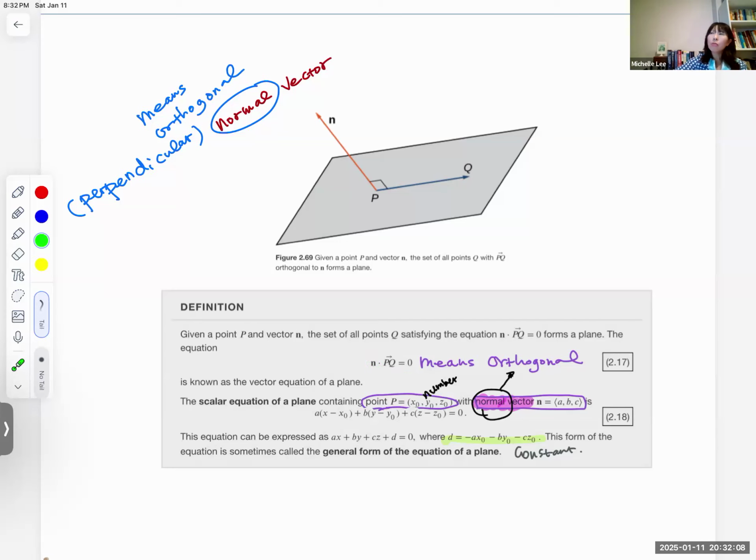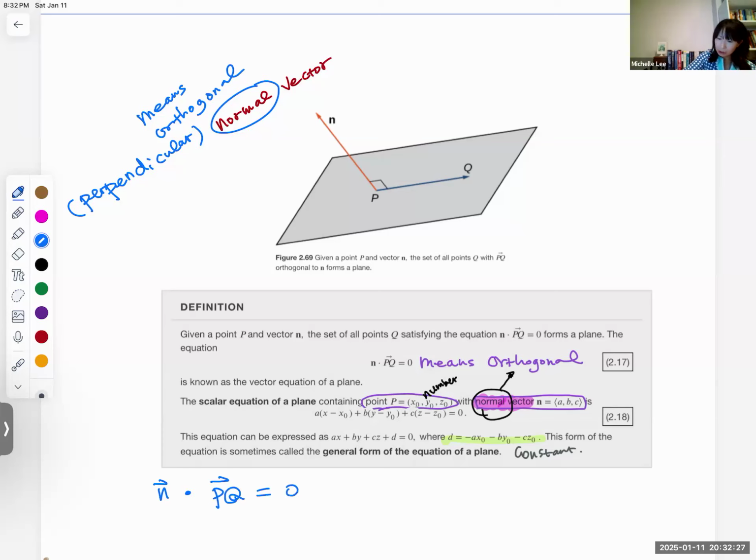Okay, so then we can just denote vector n with vector components ABC. So let me write down. Vector n dot product with PQ equal to 0, right?